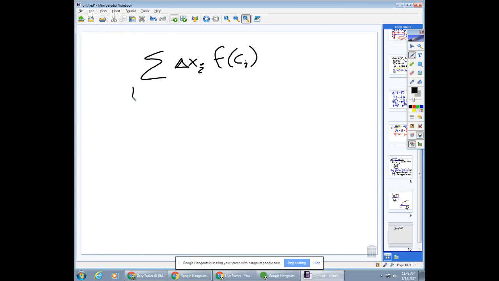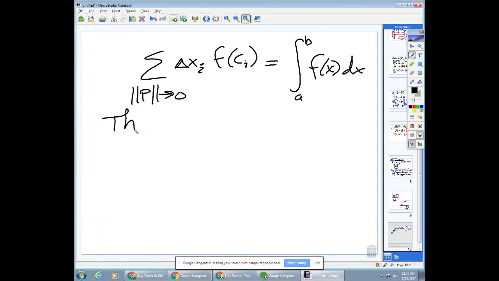What you do is you let the norm of all possible partitions go to 0. So you just keep adding more and more subintervals. Sometimes they're little, sometimes they're big. And this is what leads to the idea of what's called the definite integral. So the idea of a Riemann sum with this limit leads to what's called the definite integral.